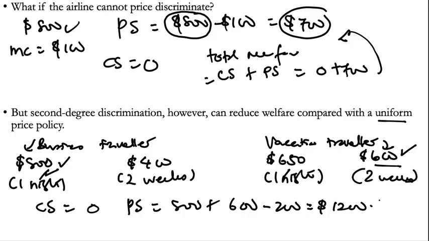Okay. This is with discrimination. What about without discrimination? What price will the airline charge for an unrestricted fare? In this case, without discrimination, the airline will give you unrestricted traveling days.